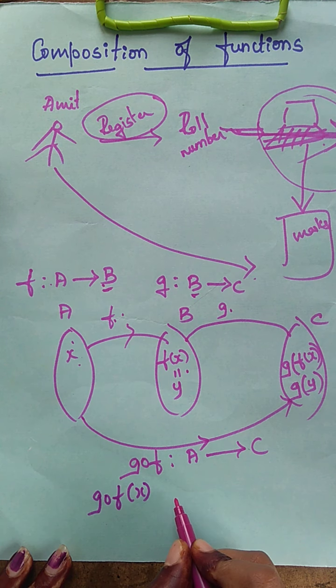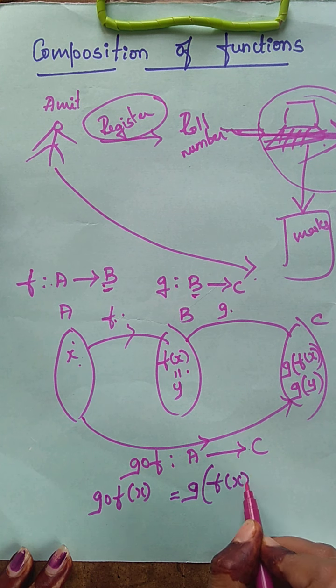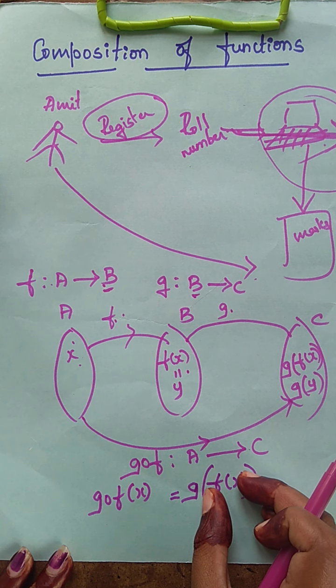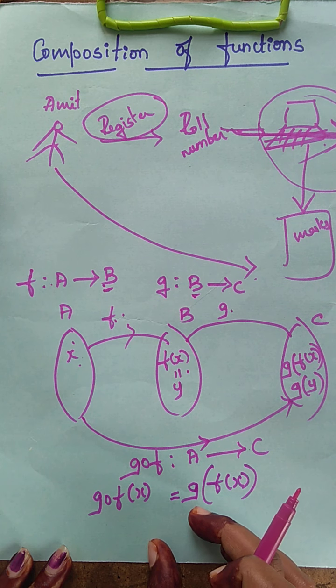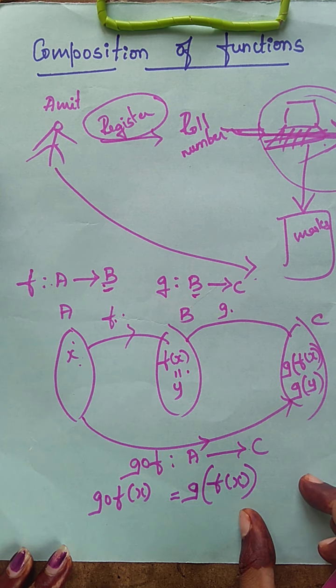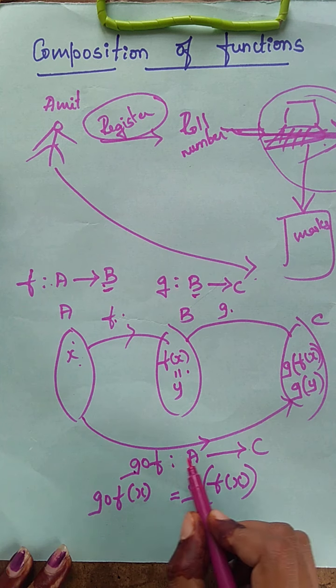So first you find f of x, then apply the function g to it, so that you get g of f of x. This is called g composition f.